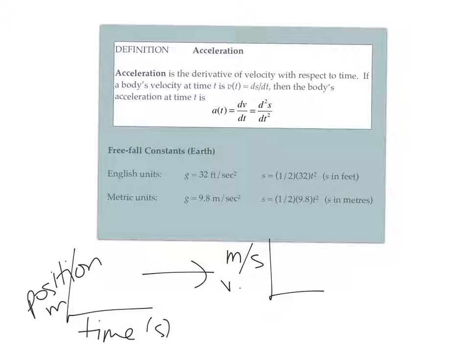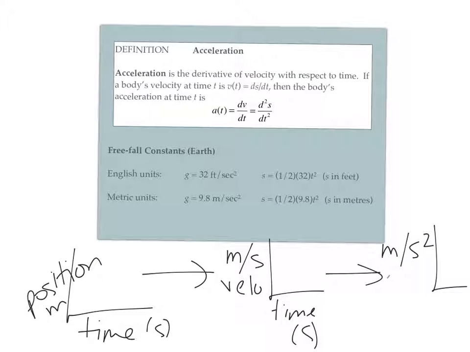Then we have a velocity-time graph, also in seconds. If we take the slope of that, it becomes meters per second squared, which is acceleration. So that's acceleration and time.